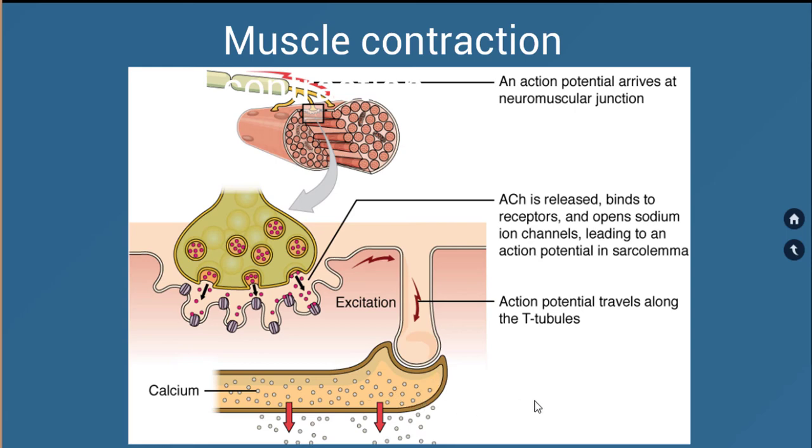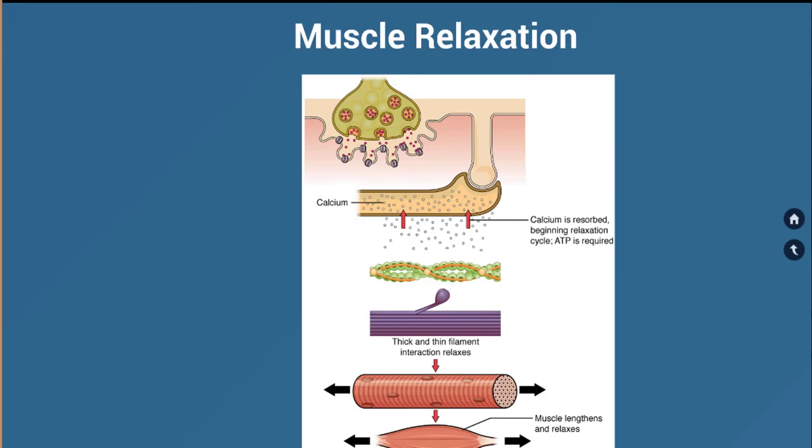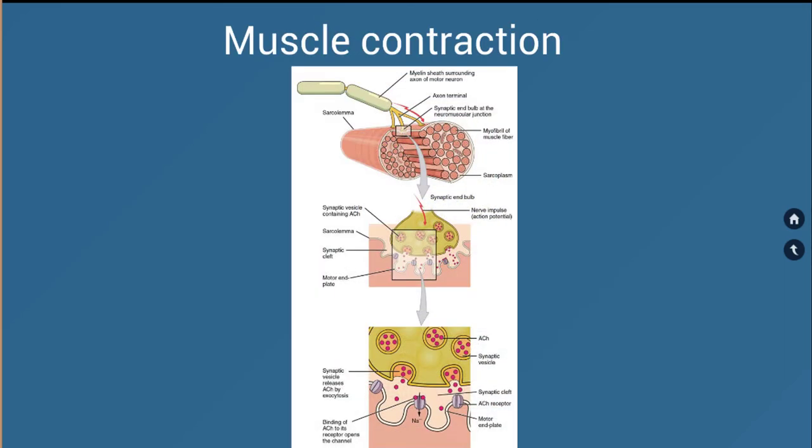A cross bridge forms between actin and the myosin heads, triggering contraction.